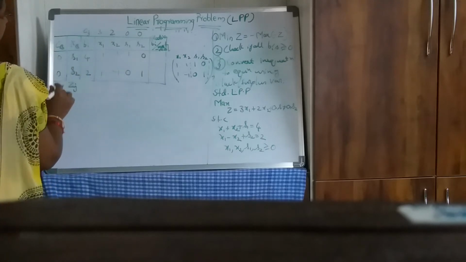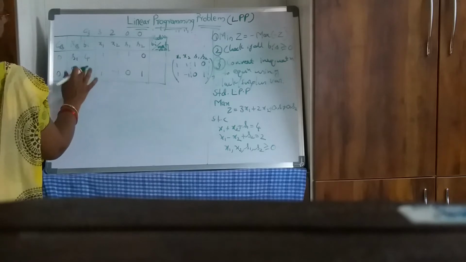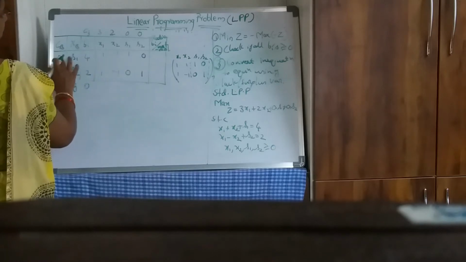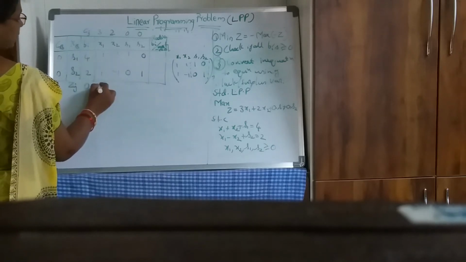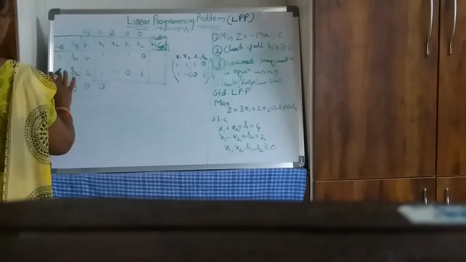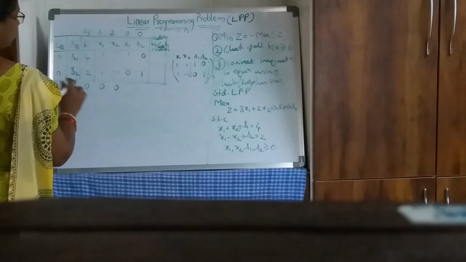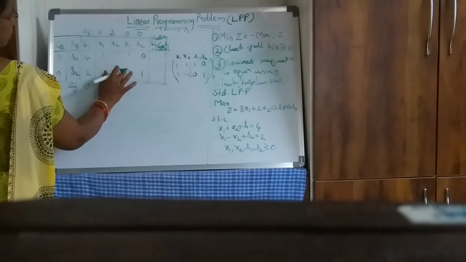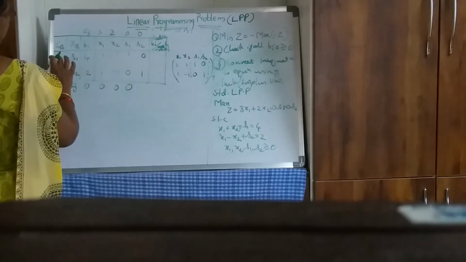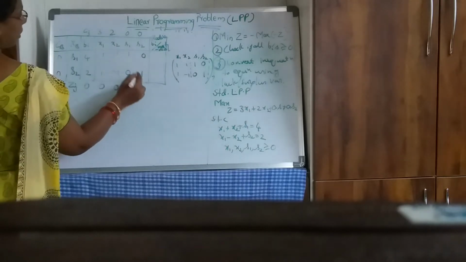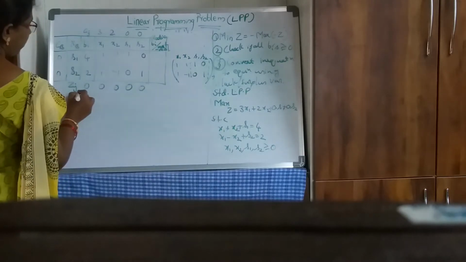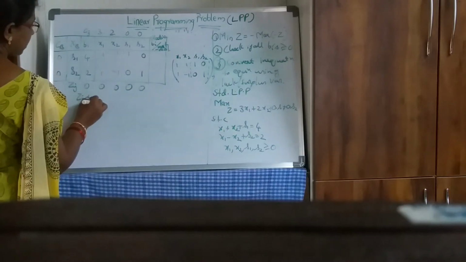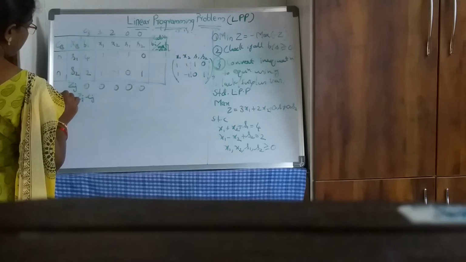So Zj will be what? 0 into 4 plus 0 into 2. So 0. 0 into 1 plus 0 into 1. 0. 0 into 1 plus 0 into minus 1. 0. 0 into 1 plus 0 into 0. 0. 0 into 0 plus 0 into 1. 0. Now you find Zj minus Cj's, which are nothing but net evaluations.